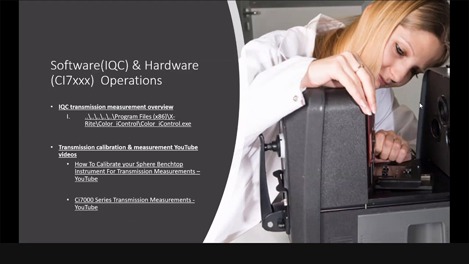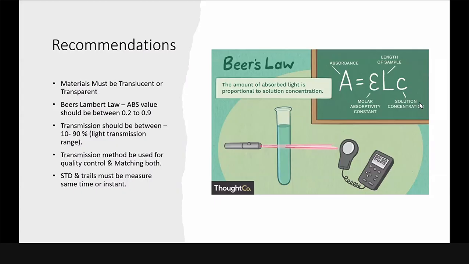So we have seen that IQC software live demo as well as transmission, calibration, and measurement YouTube videos. And then finally, we have some recommendations. Whenever we are doing transmission measurement, there are some limitations. The material must be translucent or transparent. If the material is opaque, then it is not recommended to do transmission measurement.